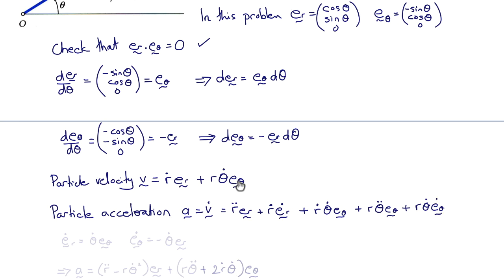And from the results we obtained above, since d e_r equals e_theta d theta, then e_r dot must equal theta dot times e_theta.